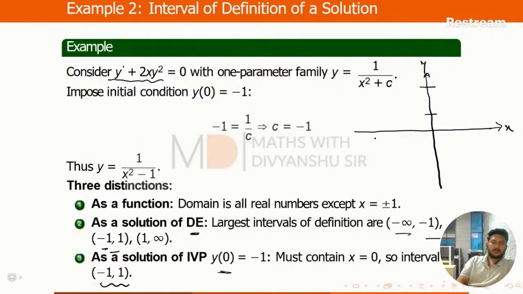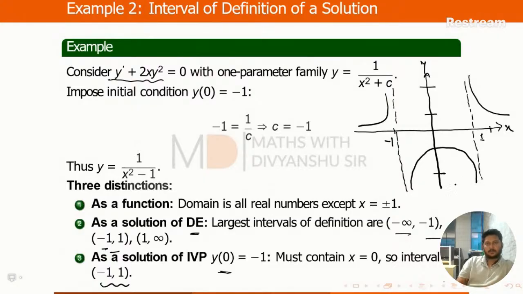Here is one range for minus 1, and the second for 1. I draw one graph portion like this, and one more graph like this, and the rest like this.